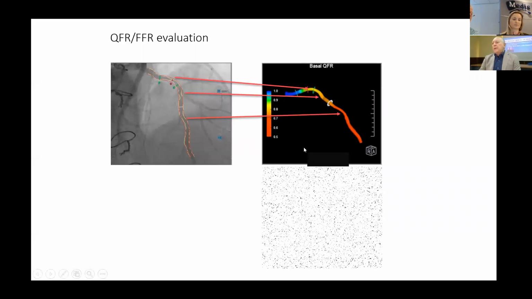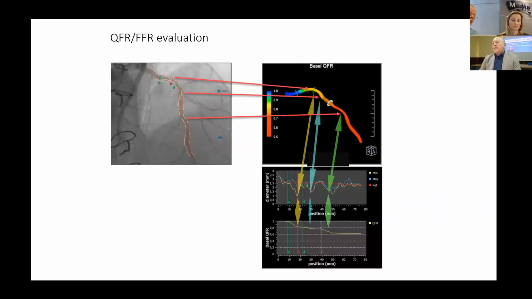And after, you see here the functional significance of each stenosis and the virtual pullback curve. Only the first and the third stenosis were significant with pressure drop, and the second one was not significant.